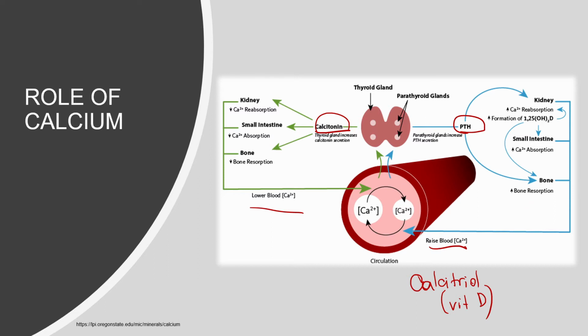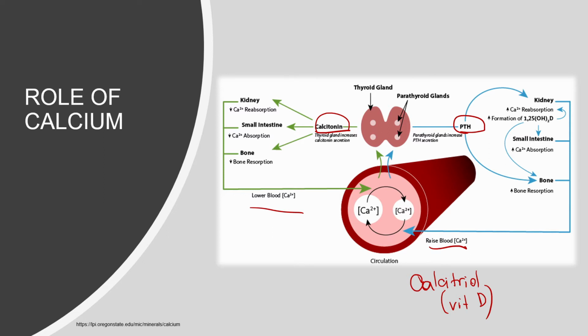It means that we get a lot of calcium. If we take calcitonin, it goes again to kidneys, but it does the other way around. It lowers calcium reabsorption in kidneys. It lowers calcium absorption in small intestine. It lowers bone resorption. So it means that we've got lower blood calcium.